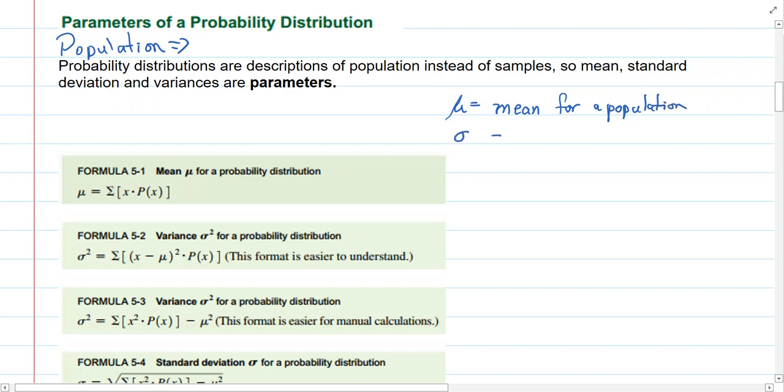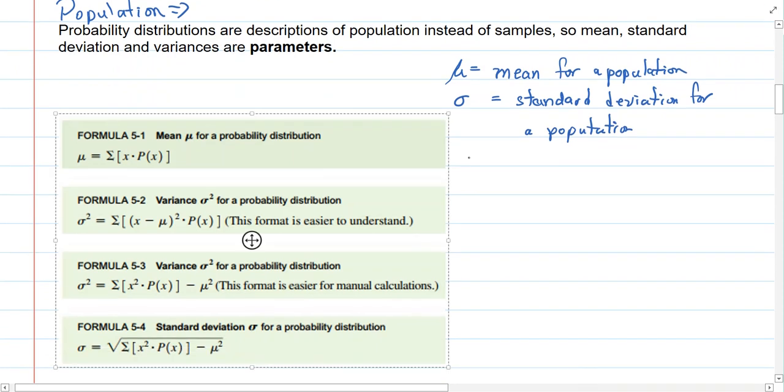We'll have theta, which is the standard deviation for a population. We'll have theta squared or variance of a population.